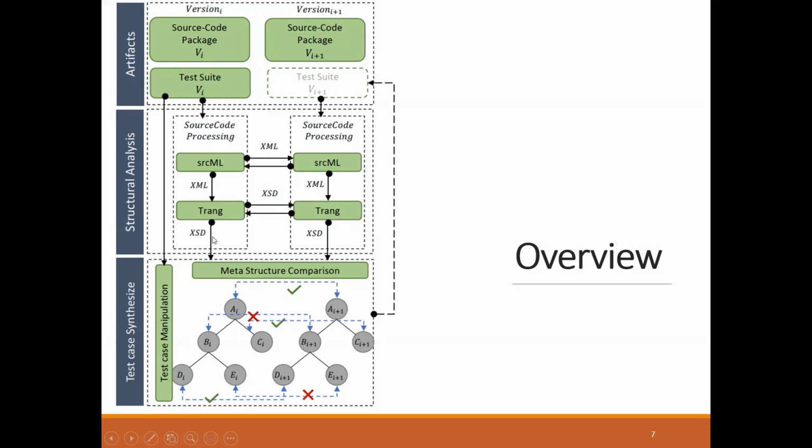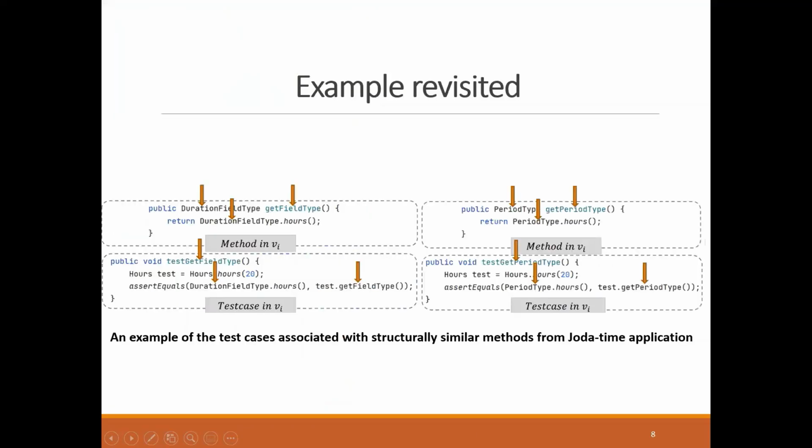So inside one class, we will have multiple groups of structurally similar methods. And once we have groups of structurally similar methods, we generate test cases for the methods where test cases are missing. I'm going to show them in subsequent slides.